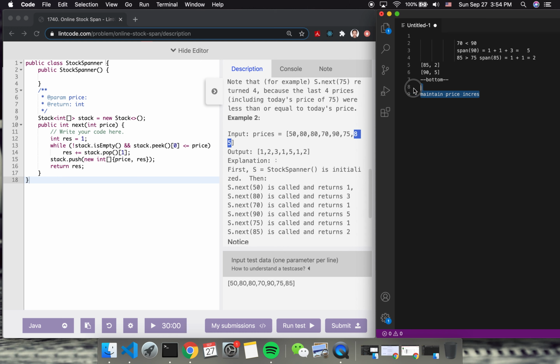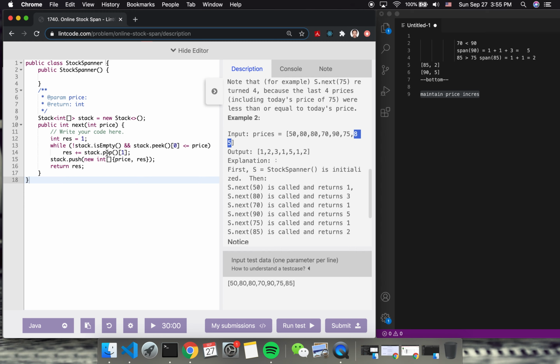So one important thing to remember is we maintain the stack, and the price in the stack can only be increasing, which is what this code can do. So let's simply review the code.